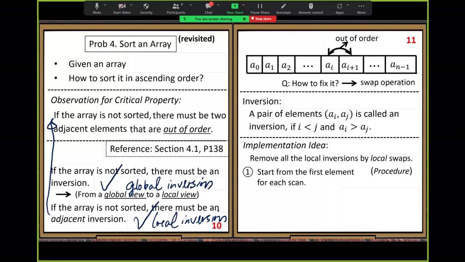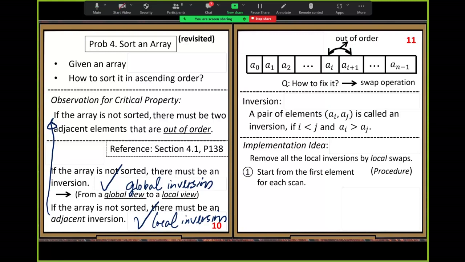So the first step, let's start from the first element for each scan. Every time we do one scan, starting from the first element, we only check two adjacent elements and see if there is an inversion. If there is one, swap.